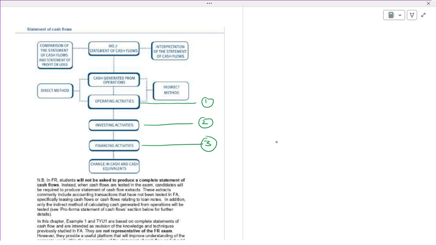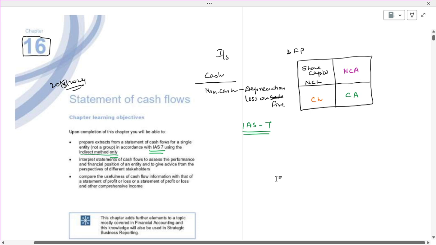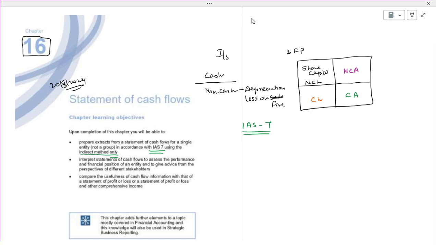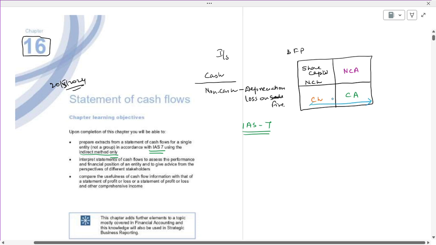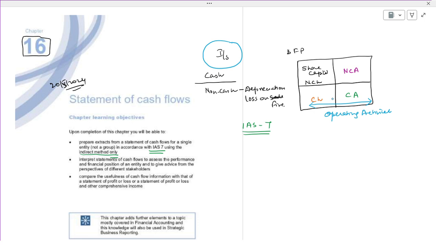Operating activities relate to current assets and current liabilities, and to the income statement. But we will not take the income statement from the beginning; we will start with operating profit.